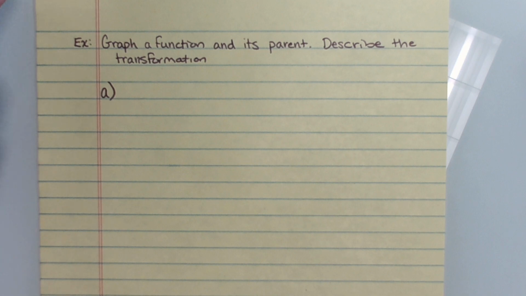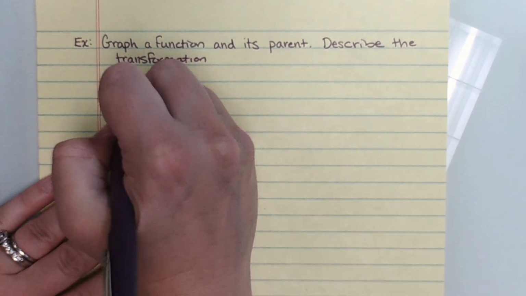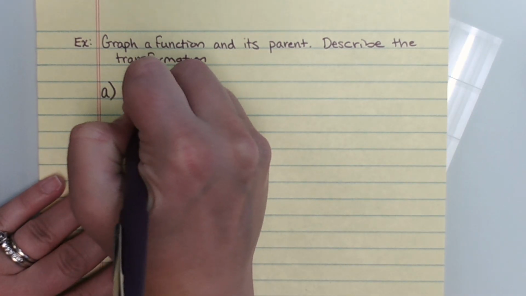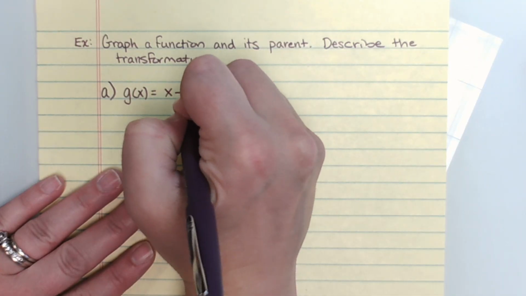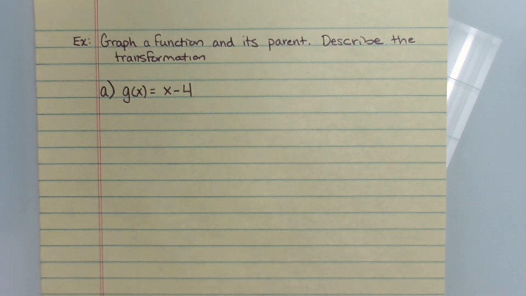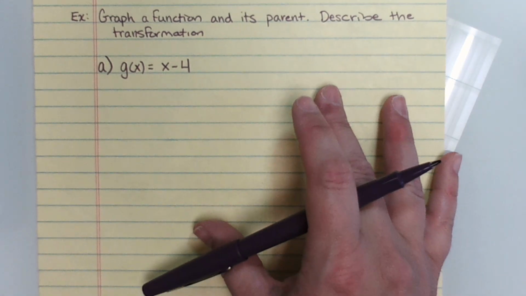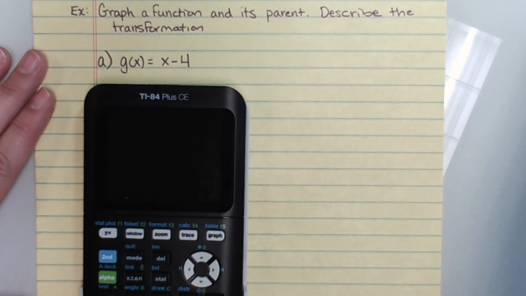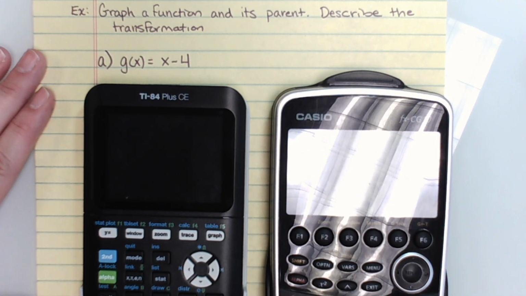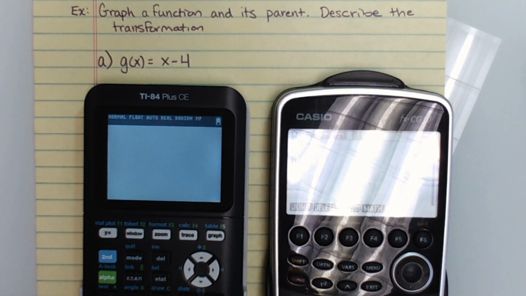I am simply going to give you a function, g of x equals, and we're going to start with just a basic x minus 4. In which family does this equation belong?